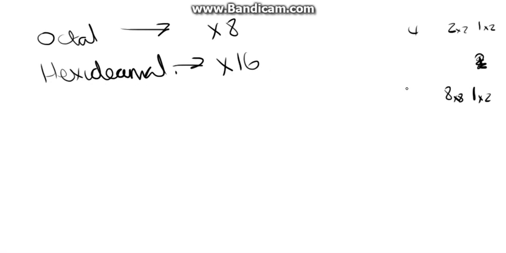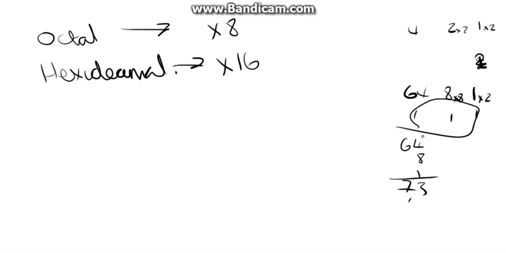Straight away we go to 64. So you could represent those numbers, which would be 64, 8 and 1: 64, 72, 73. So those three digits could represent 73.